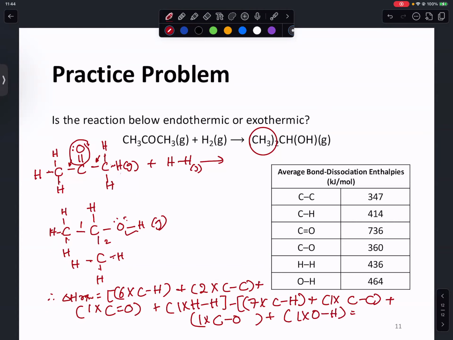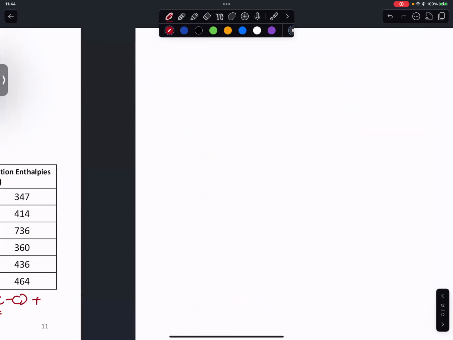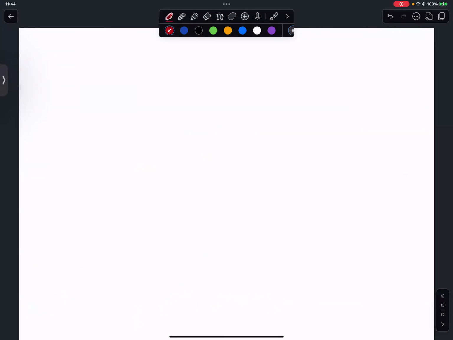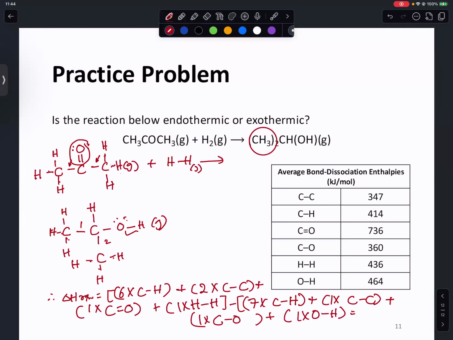Okay, and then I'm going to work up here because I'm out of space, or I can work on the next slide right here. Therefore, delta H reaction is going to be 6 times, let me just copy and paste the table from here.